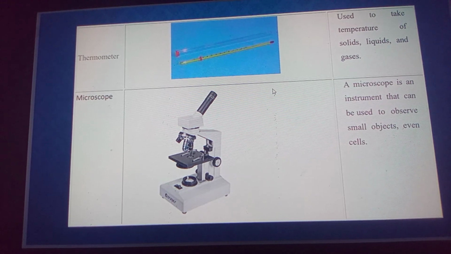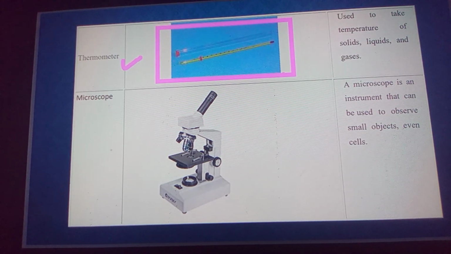Now let us see about the thermometer. So if you see, these are pictures of thermometers. You can observe them clearly and discuss their uses.